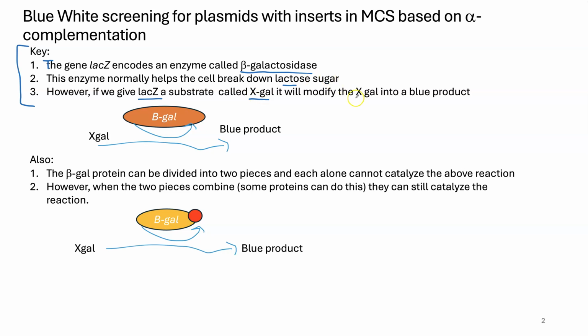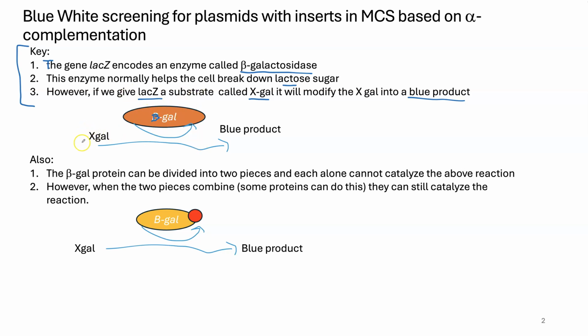And what it will do is break the molecule into galactose, or similar to galactose, and then the part that it removes is converted into a product that happens to be blue in the presence of this X-gal.